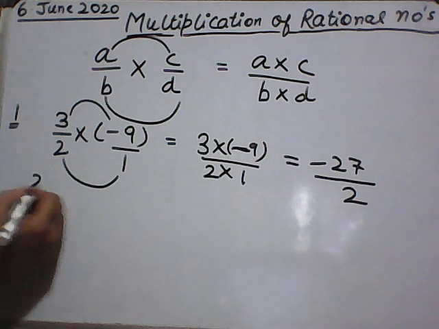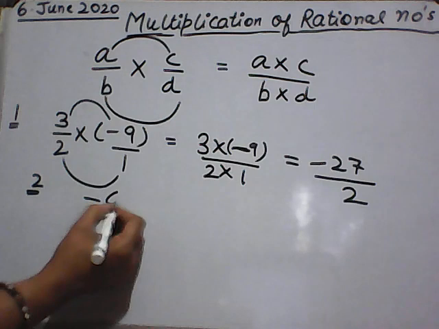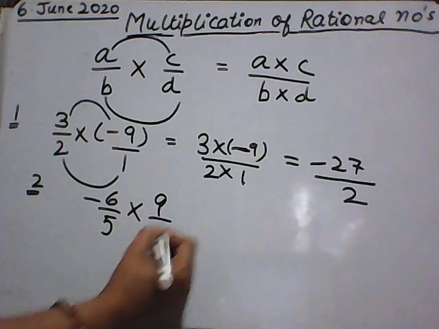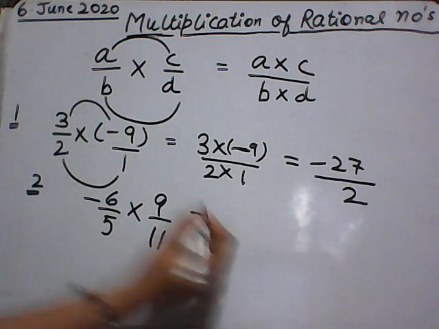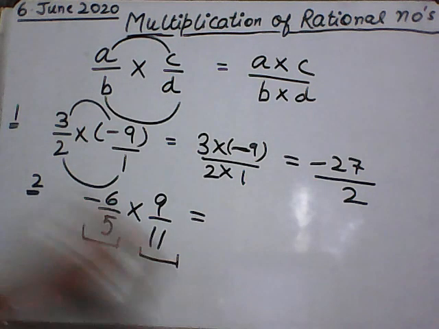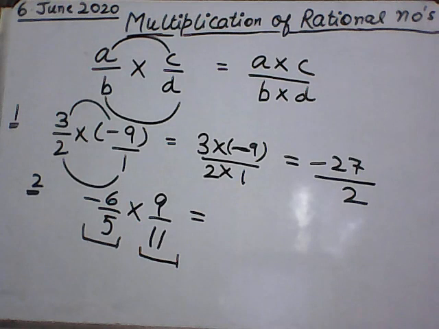Let's take another question. Minus 6 by 5 multiply by 9 by 11. It is one rational number and it is another rational number. You have to find the product of these two rational numbers. How can we find the product?